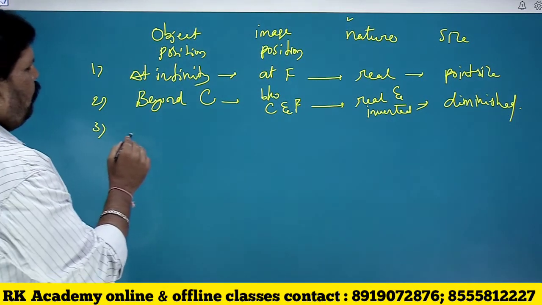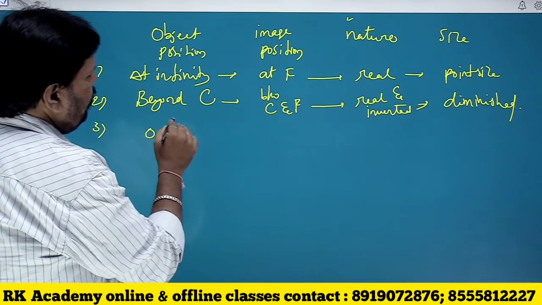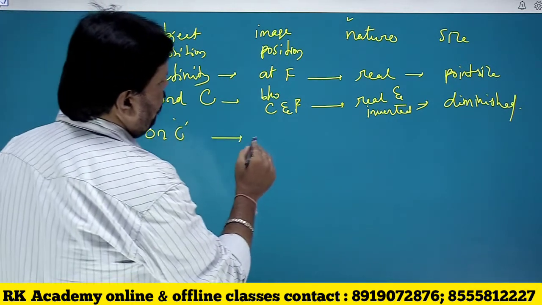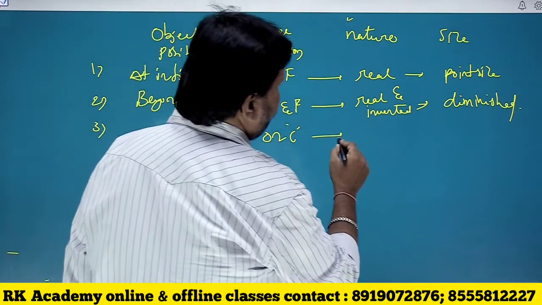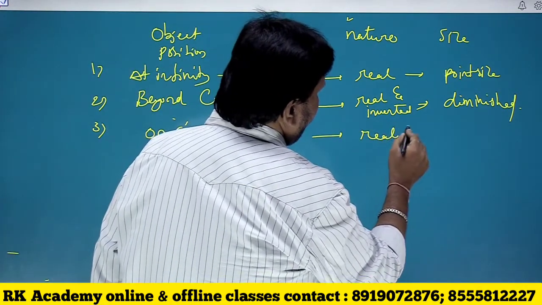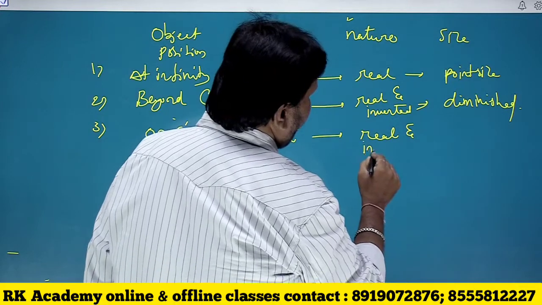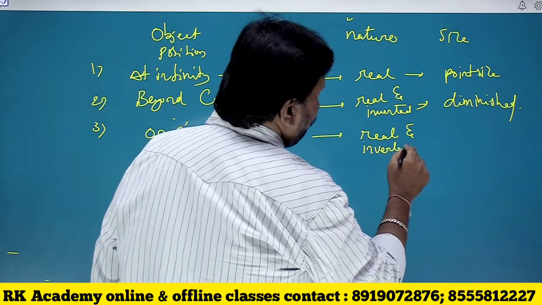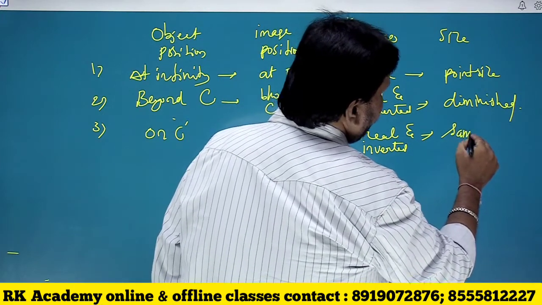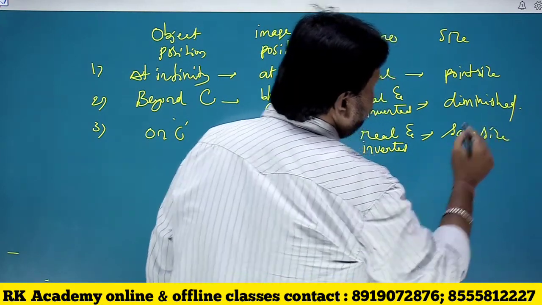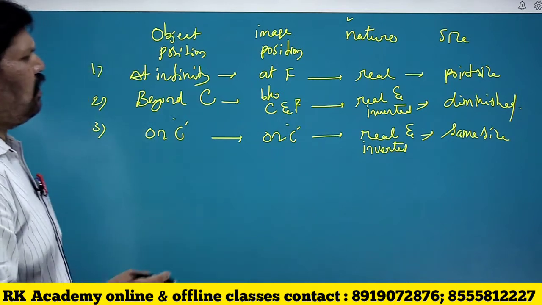And if the object is on the center of curvature, the image is also on the center of curvature. This is a real and inverted image. This is the same size, equal size. Both object and image are of the same size.